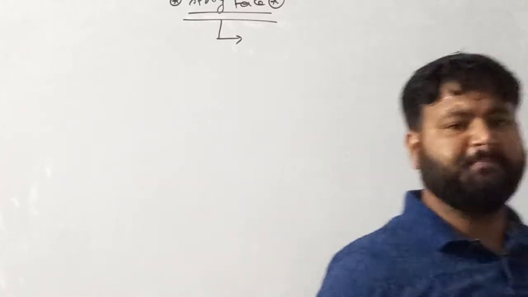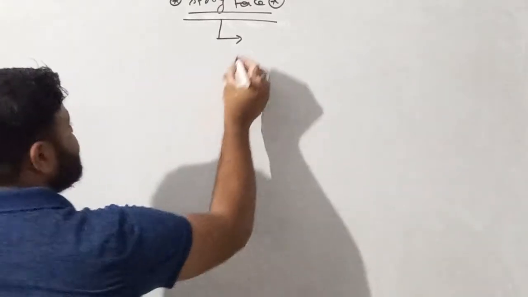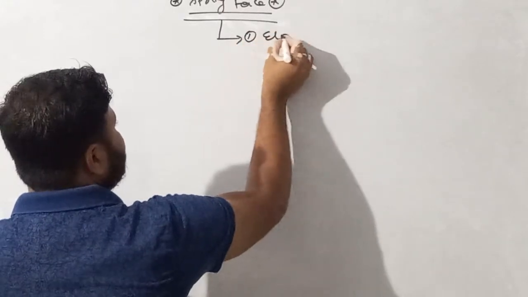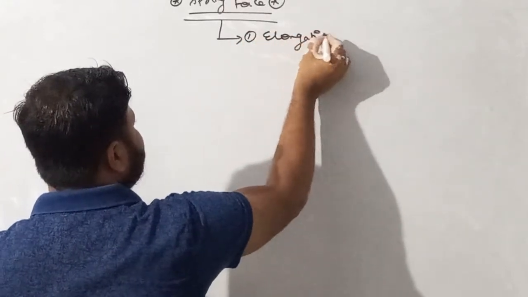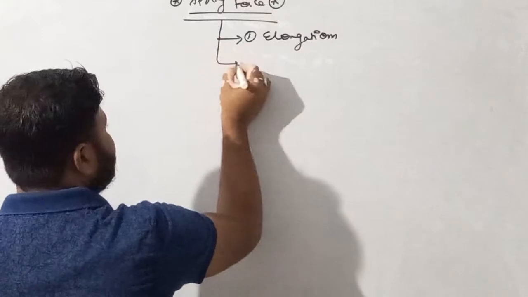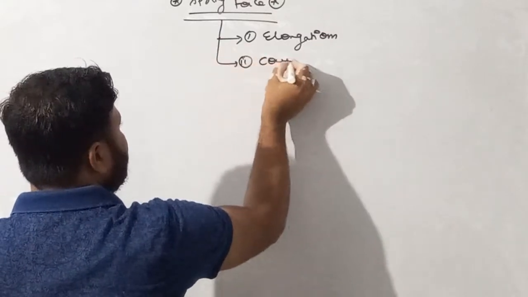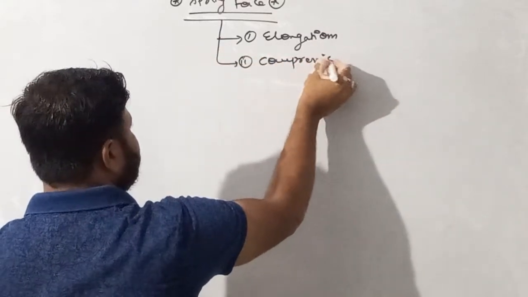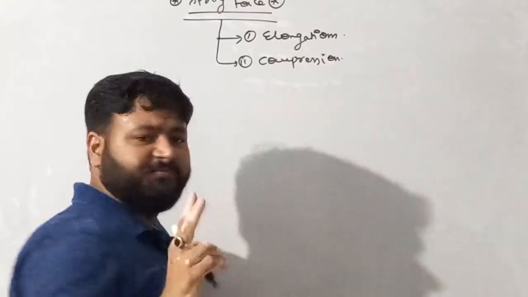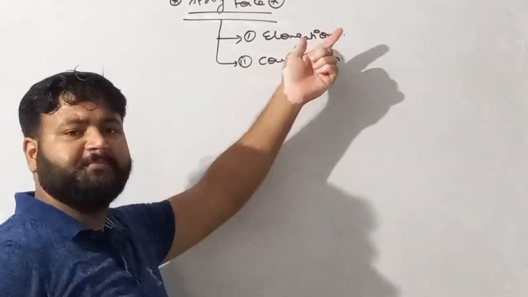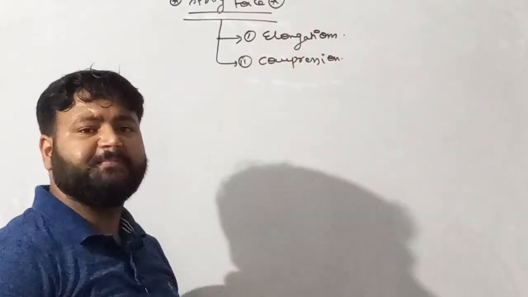We can do two things with the spring. Either the spring can be elongated or the spring can be compressed.